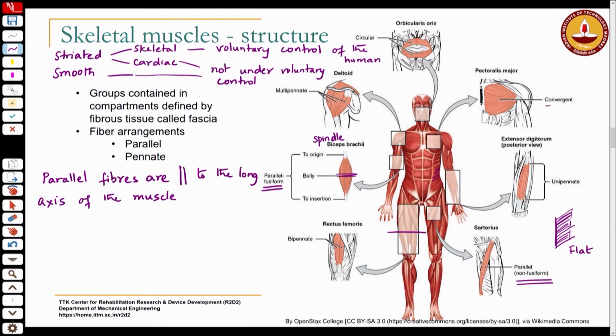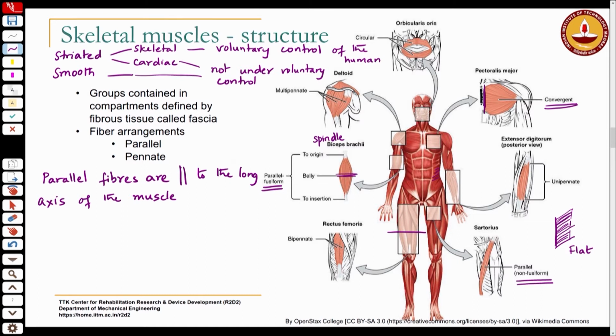Then you have what is known as a convergent arrangement. You have fibers that converge to a small cross section where you have the tendon. So, they start from a larger area and then converge to a small area.